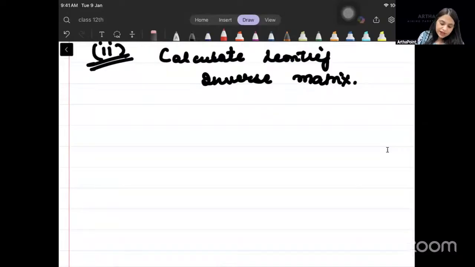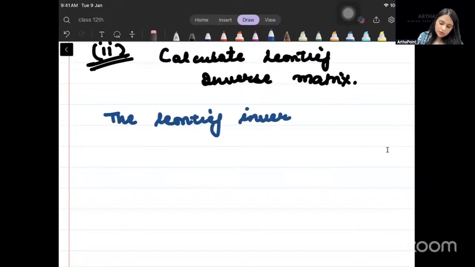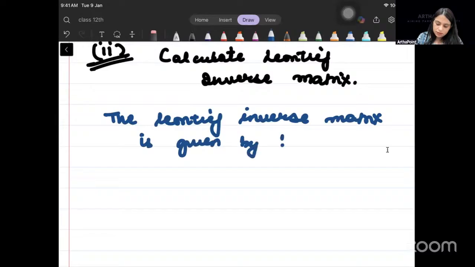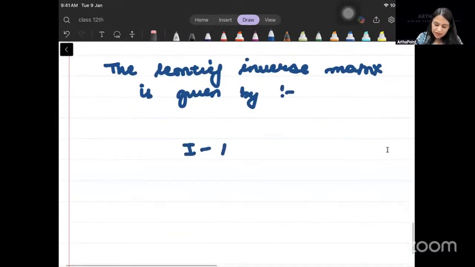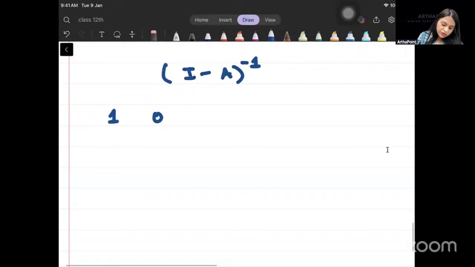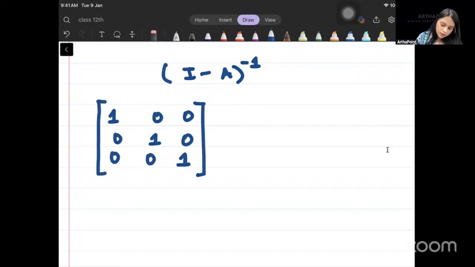So we know that the Leontief inverse matrix is given by (I minus A) inverse. Okay, so I is identity matrix. A is the matrix given to you.